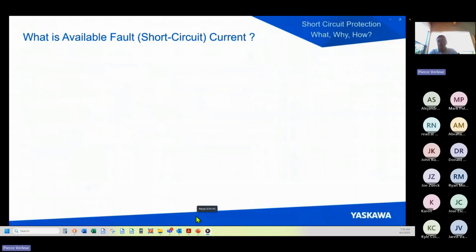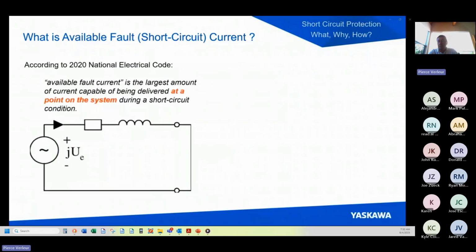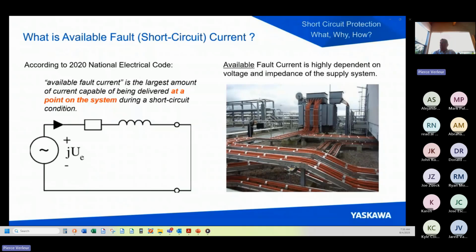So first of all, there's this thing called available fault current. And this was introduced or cleared up in the 2020 edition of the National Electric Code. And it states that available fault current is the largest amount of current capable of being delivered at a point on the system during short circuit condition. And it's very important, the words in red there, at a point on the system. So let's remember that because a system generally would consist of a transformer somewhere, possibly going from medium voltage to low voltage.